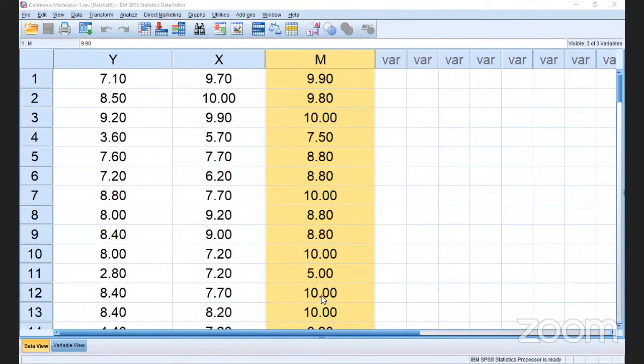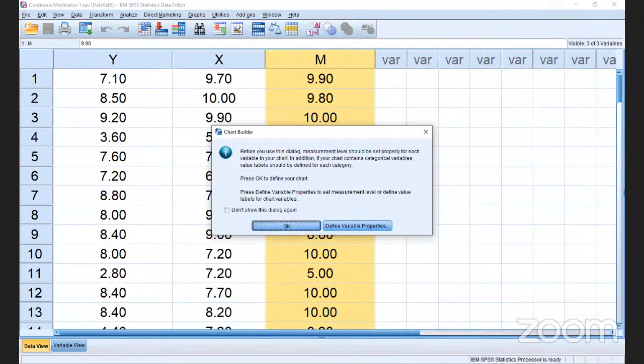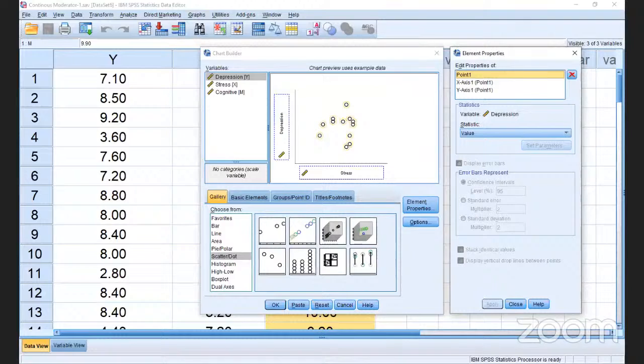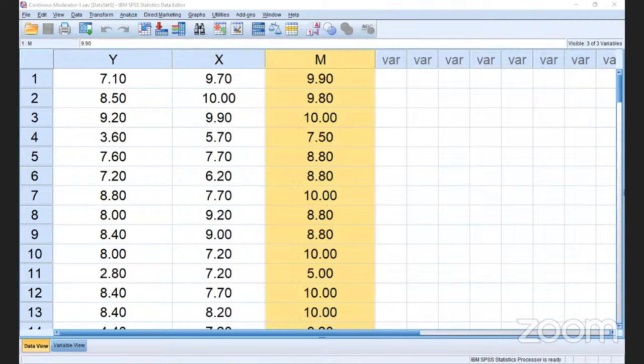And then continue again. I am preparing the graph for stress, negative cognition and depression. Now I am showing you the graph, so you can see the graph.